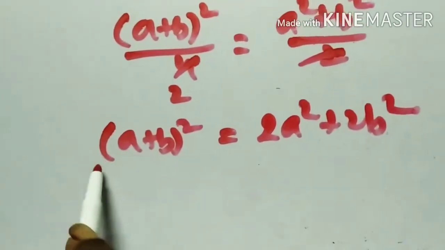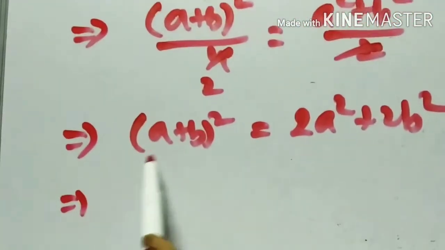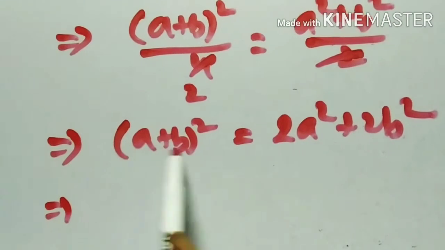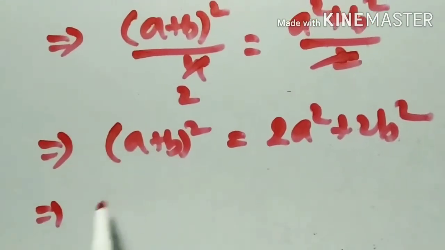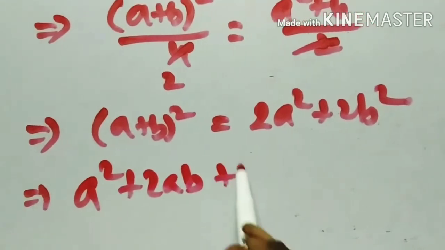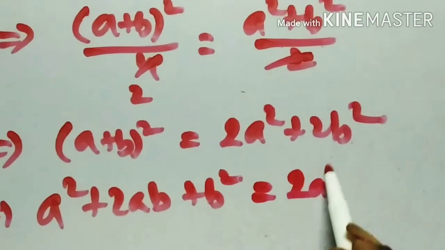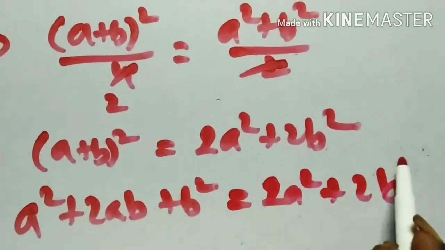Now I am going to open this with the help of the formula, that is a square plus 2ab plus b square, equal to 2a square plus 2b square.